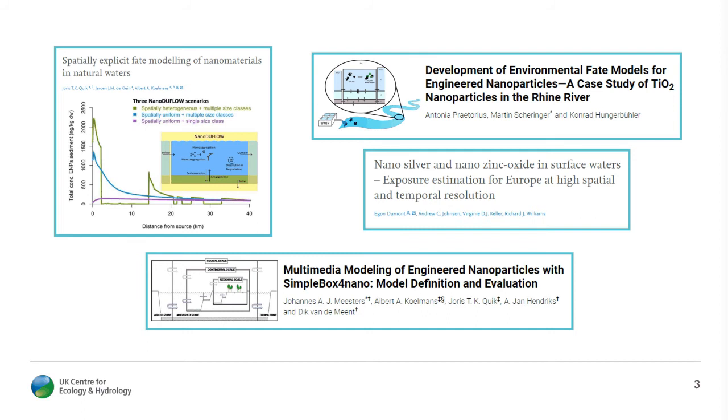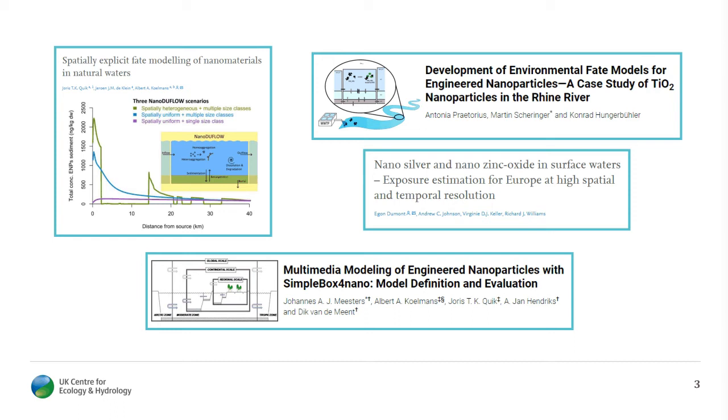Accordingly, over the past decade or so, there's been a plethora of different nanomaterial exposure models created of a variety of different shapes and sizes. So we have multimedia models, box type models that give you spatially average distributions in different environmental compartments. And you have models that give spatial and or temporal resolution, usually just in one compartment.